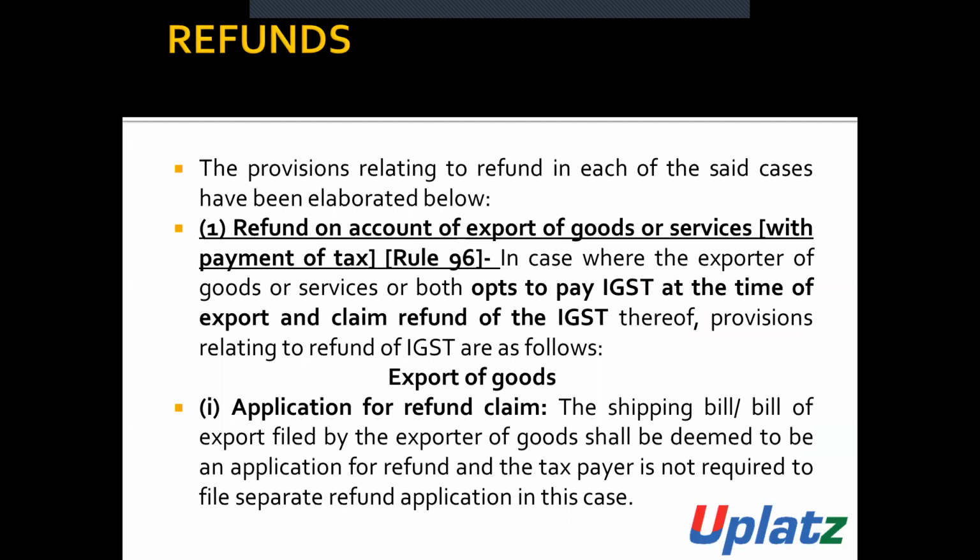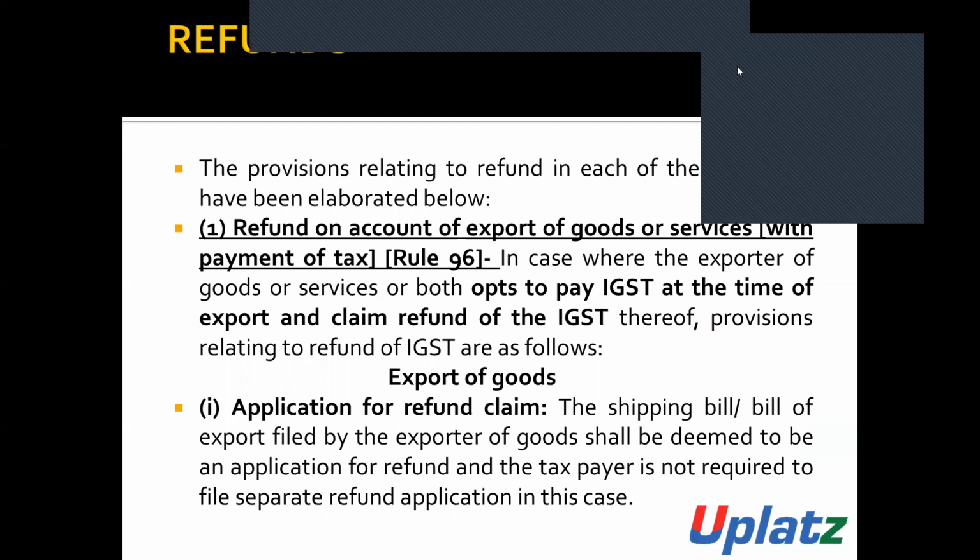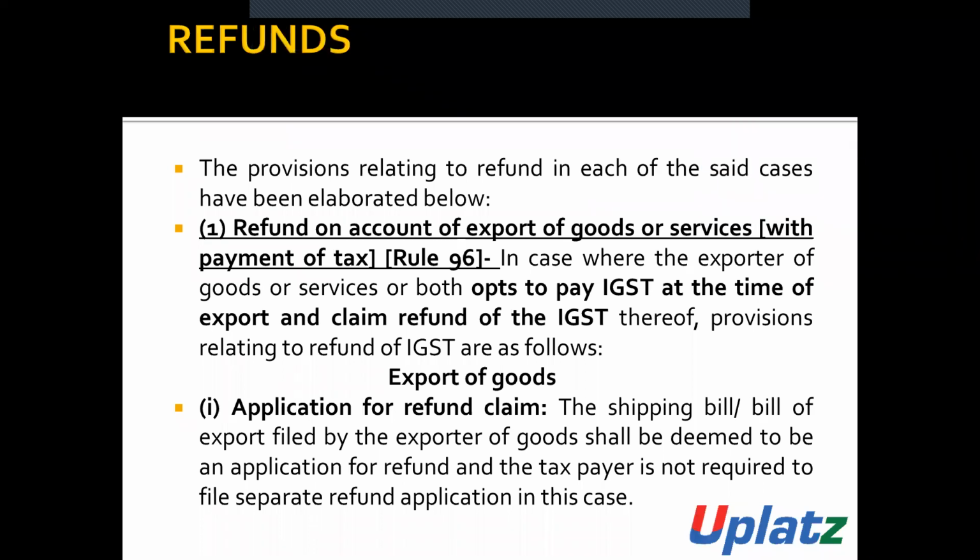Number one, refund on account of export of goods and services. We will discuss the refund on account of export, means there is the export of goods and export of services, and such export is made under the second option, means the payment of IGST is made by the exporter at the time of export.